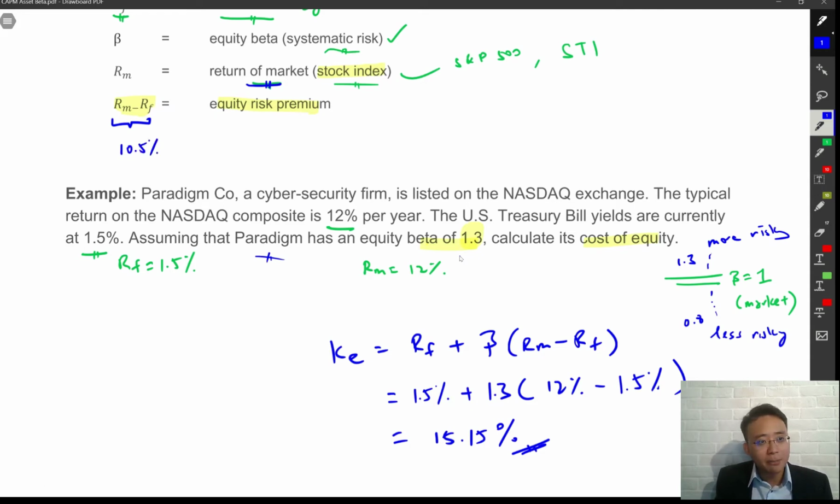Why? RM 12, RF 1.5, minus off the two percentages against each other, you get 10.5. That is the equity risk premium. Do watch out for it. When it comes out in the exams, they are helping you out and they are saying, hey, I'm giving you the answer to the number within this bracket. That's all. Just fill it in with 10.5%.